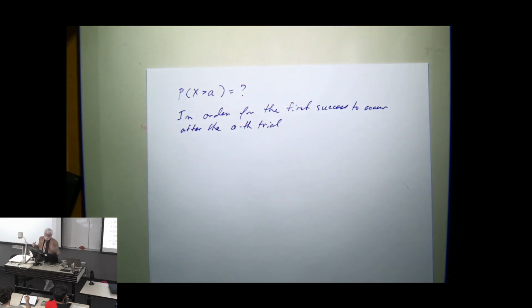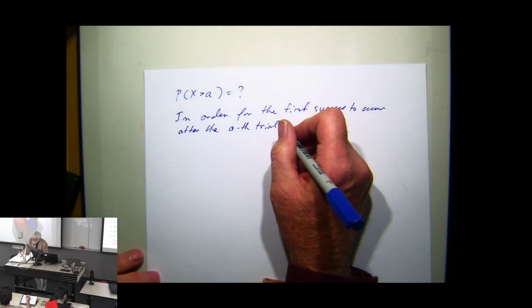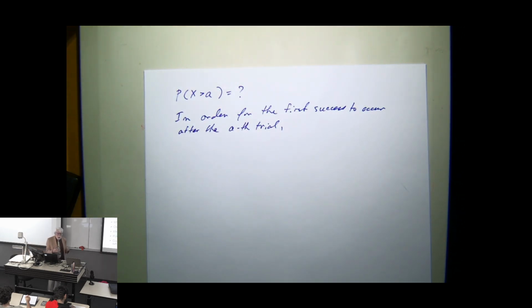Okay, so a is just a placeholder for the value of x. What must happen for the first 8 trials?